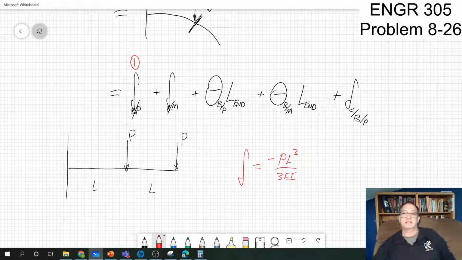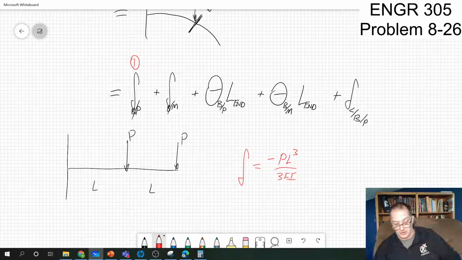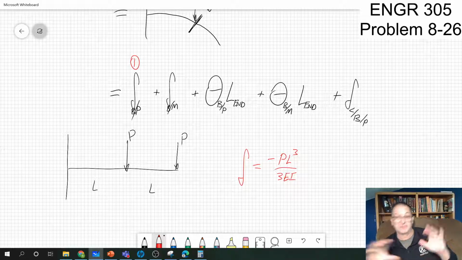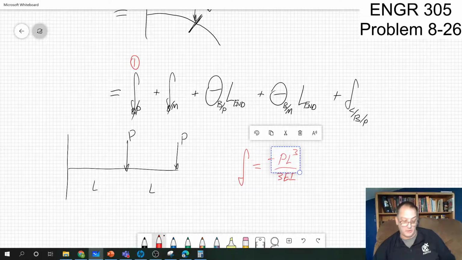But now I have to translate everything. That's what it is in a normal situation, but now all those symbols might mean something else. What is my load? What is P in this case?